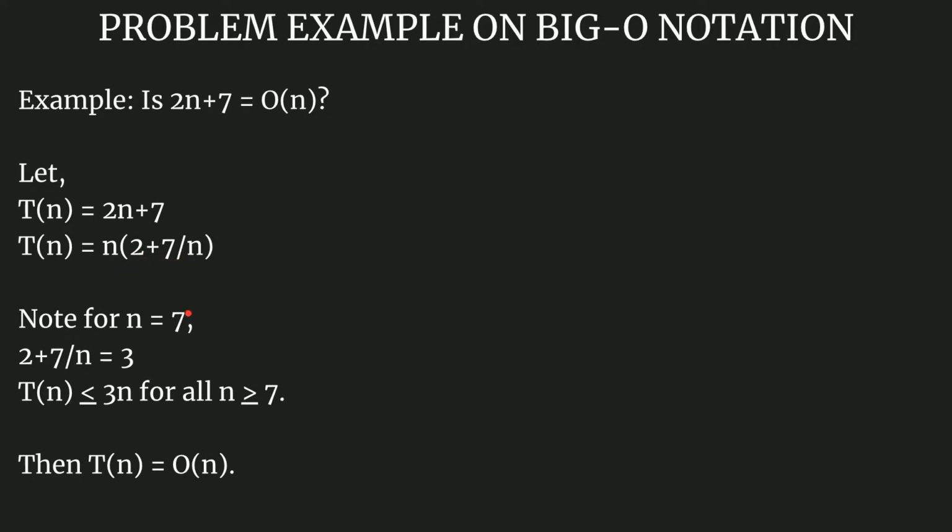Now if we take a value of 7 for n, then the value of t of n stands out as 3n. So from this we can conclude that t of n is less than or equal to 3n for all n having values greater than or equal to 7. So this is the upper bound of this. So we can surely say that t of n is equal to big O of n.